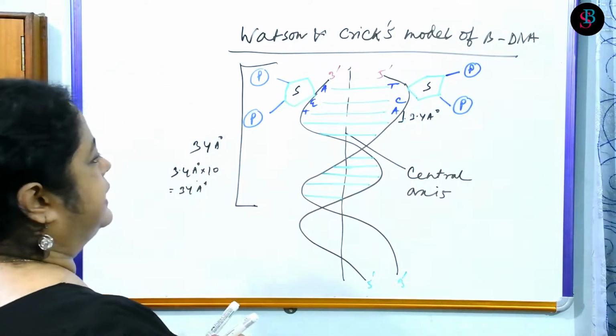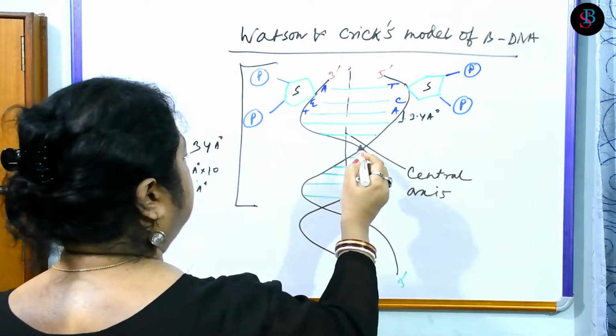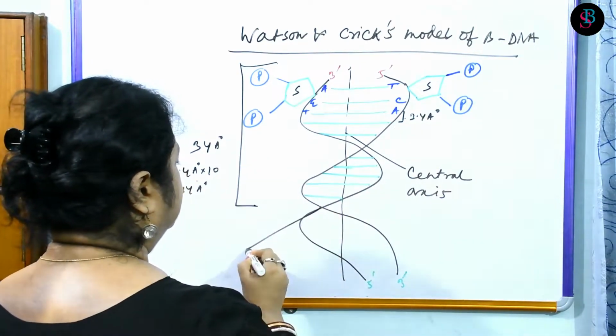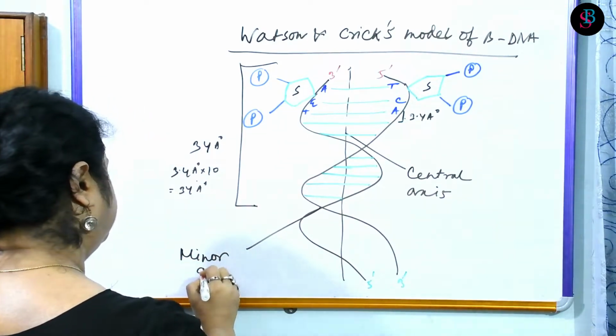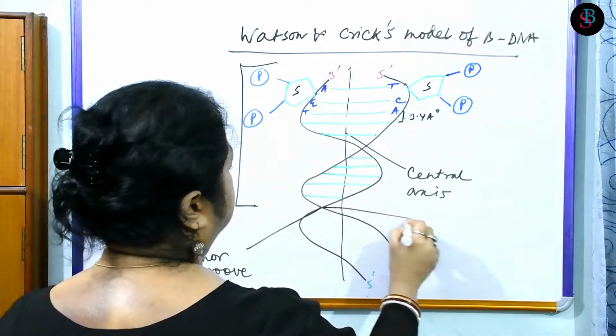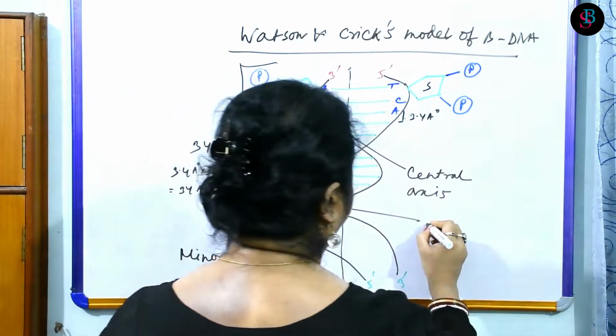Now the next thing is that this is the complete turn where one minor groove and one major groove will be there. The shallow one is known as the minor groove and the deep one is known as the major groove.